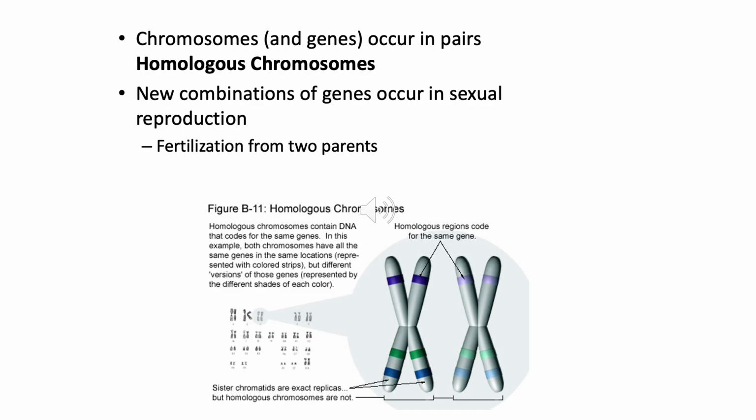In this example, both chromosomes have all the same genes in the same locations, represented by the stripe colors here, but with different versions of those genes, because one of these comes from the mother and the other one on the right side here comes from the father. So these two chromosomes pack together and we call it a homologous pair.